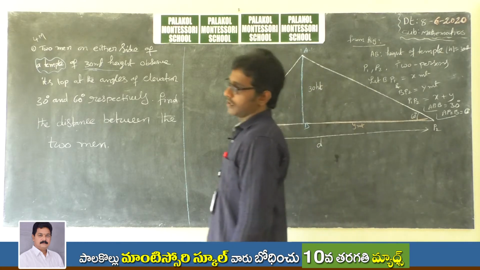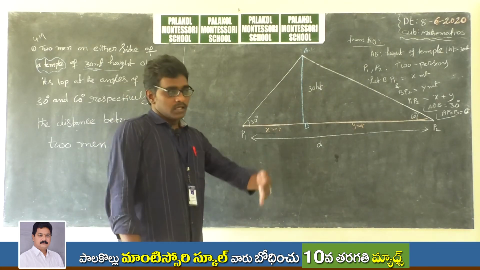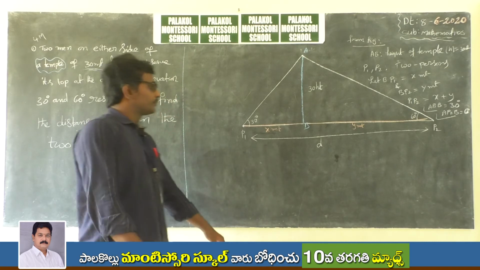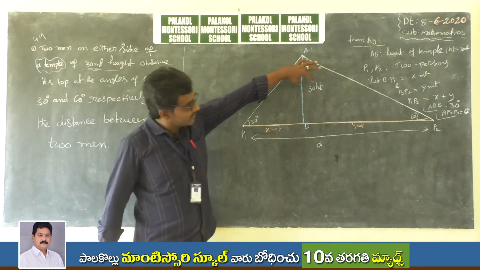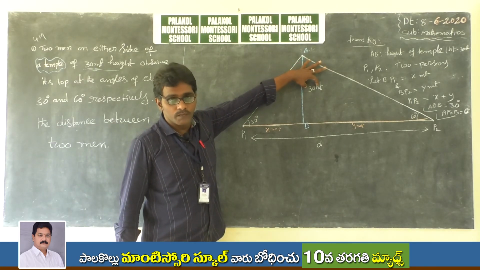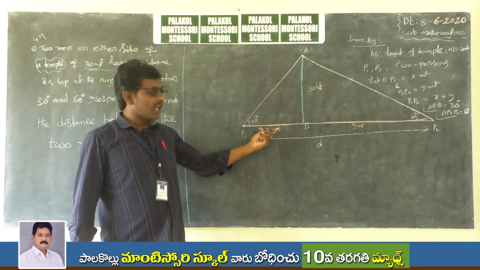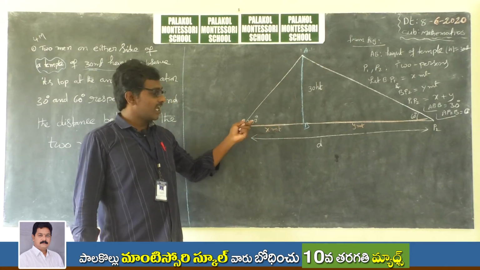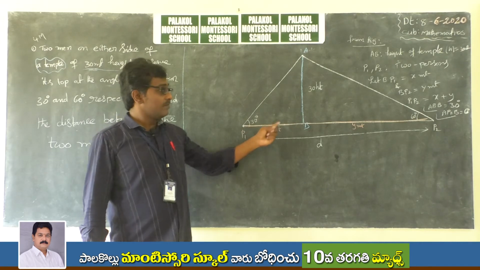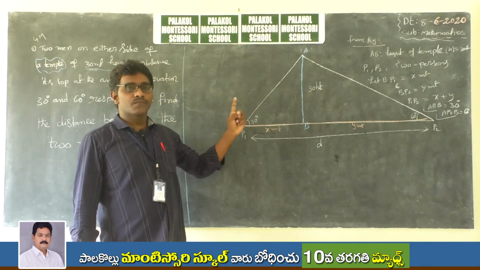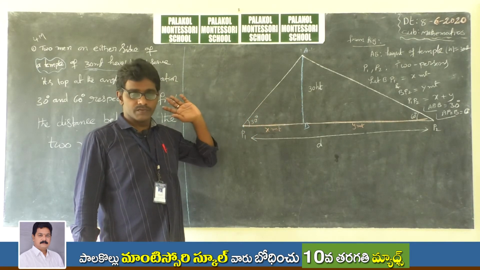Okay guys, now the last but one step. You know this value, this is known, this is unknown, and this is an acute angle. These three measures are related through the triangle ratios.